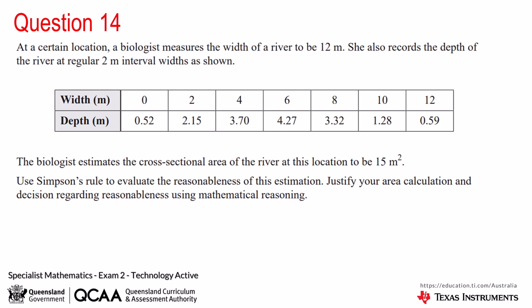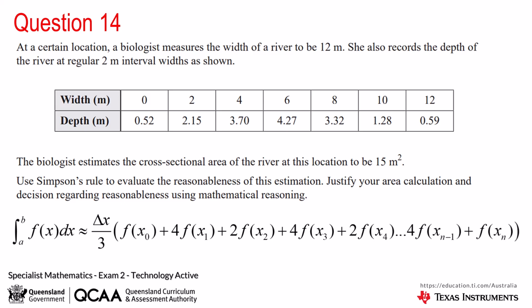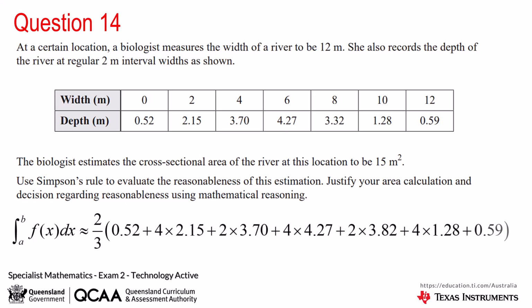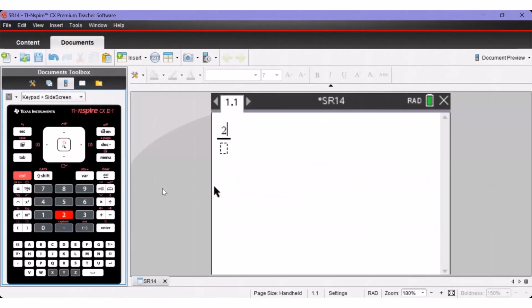So the interval width W is equal to 2. And so applying Simpson's rule formula, we can say that our estimate using Simpson's rule is going to be given by 2/3. So let's first of all press Control divided by to access the fraction template.